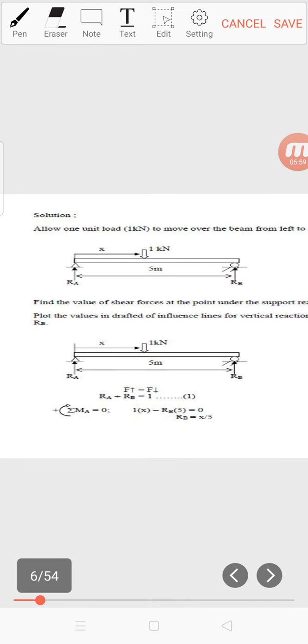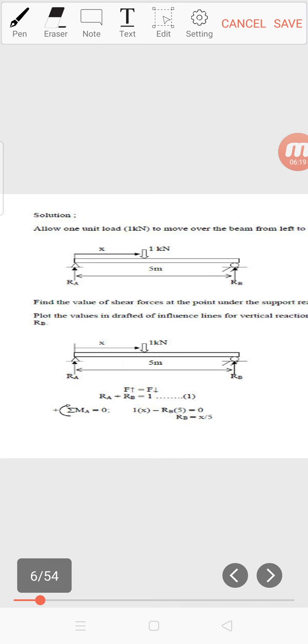We already put 1 kilonewton there, assuming it moves from A to B. Then we have to find the reaction RA and RB.